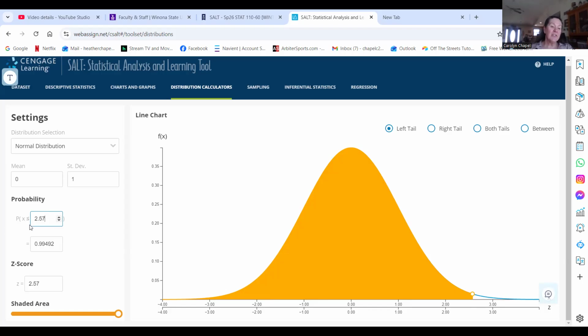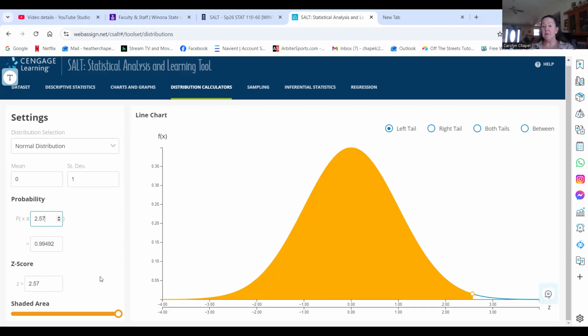One thing I wish SALT had was a Z here, maybe just a standard normal button. I understand why it doesn't, but that is okay. You'll also notice it does have a Z score down here. And of course, since we are working with the Z, the value I put in here is exactly the Z score.